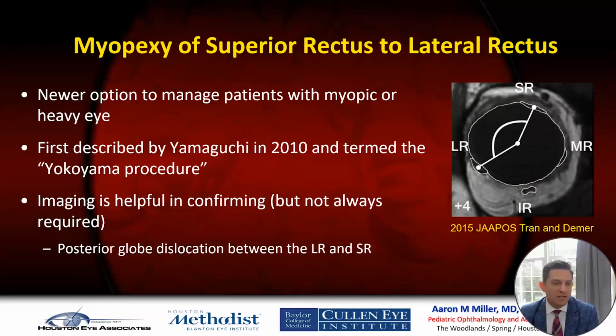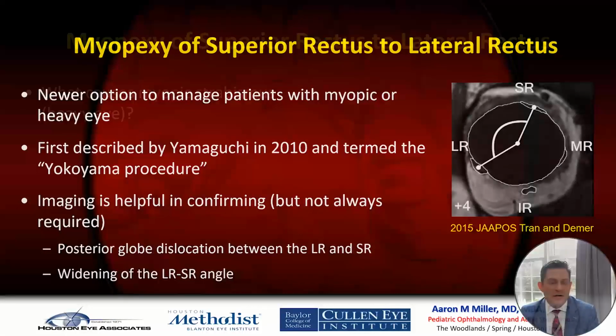And the relationship is, if you again think about the globe, if the eye's down and in, then the posterior aspect of the globe is up and out. And this procedure, by pulling those lateral rectus muscles together, prevents that subluxation of the posterior globe into the orbit and then helps provide realignment of the eyes.